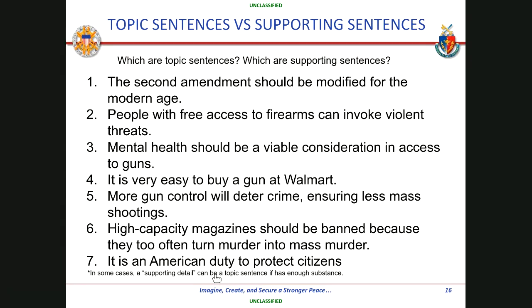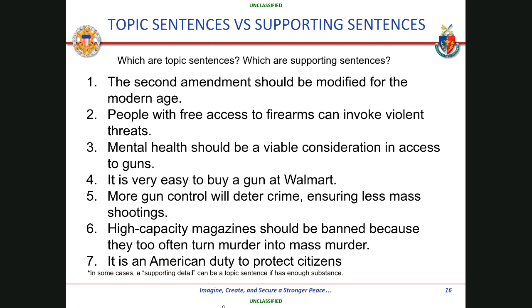So when you're revising your paper, go back and see if every sentence at the beginning of your paragraph is a topic sentence, okay? You want to make it general, you want to make it arguable, right? Does it follow along with your thesis? These are things you should look for in your topic sentence.